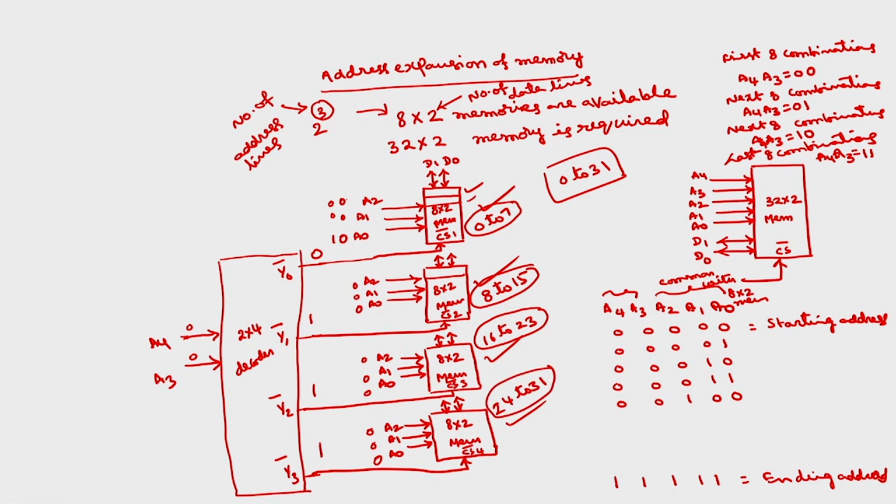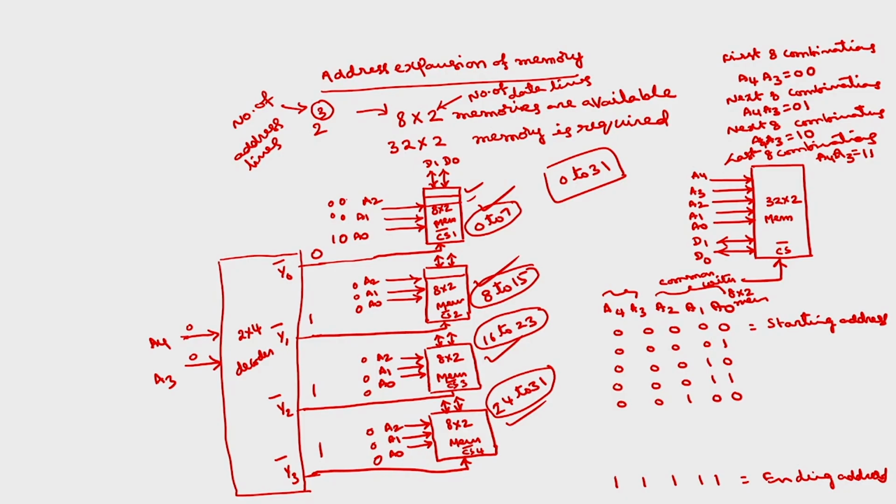This is how we can expand the address of the memories. So, what you have to do is connect the address lines of all these 4 8 by 2 memories together, data lines also together, and then chip selects are different. Read by write bar also you have to connect together. This read by write bar you have to give to all these signals, depending upon the read operation or write operation.